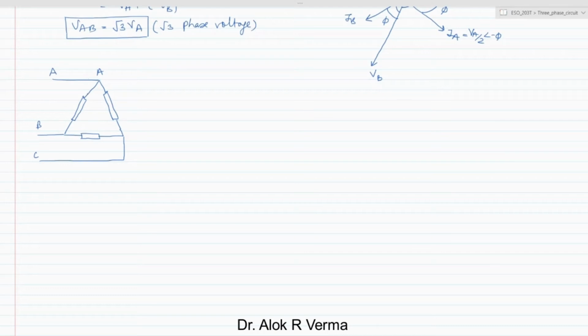So the current which is going in this is IAB, in this IBC, and in this ICA.